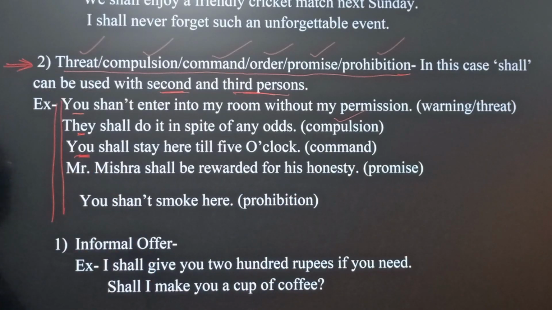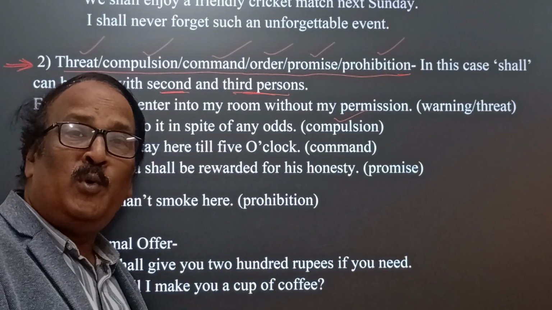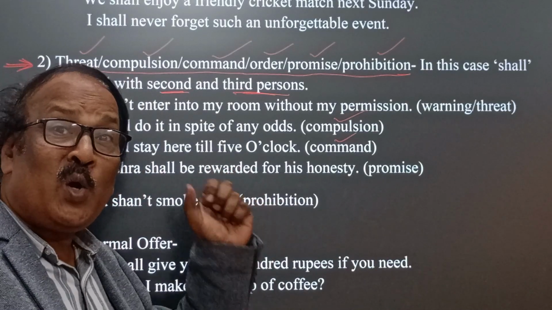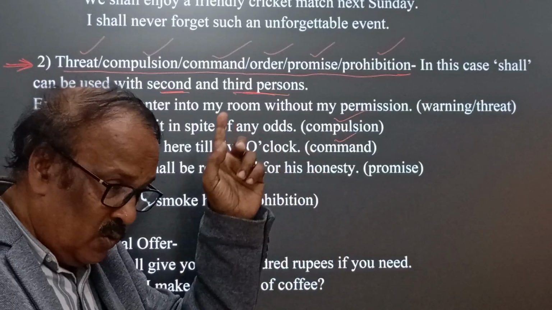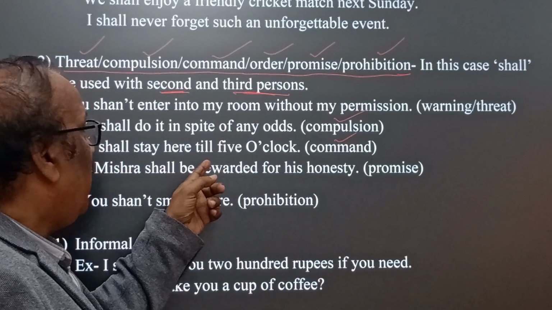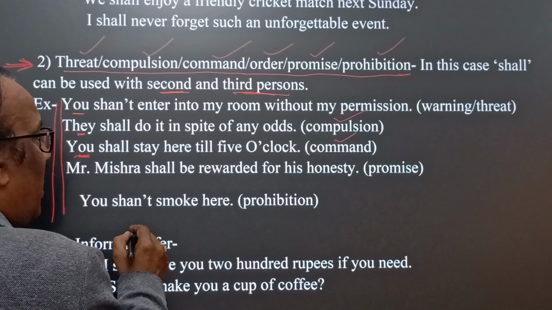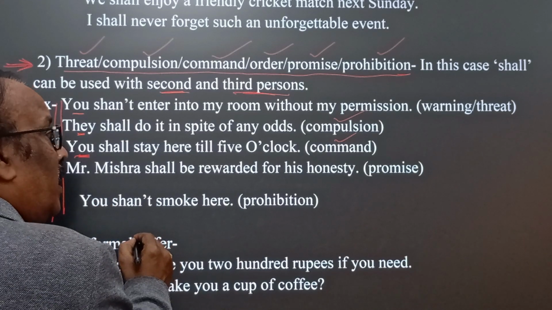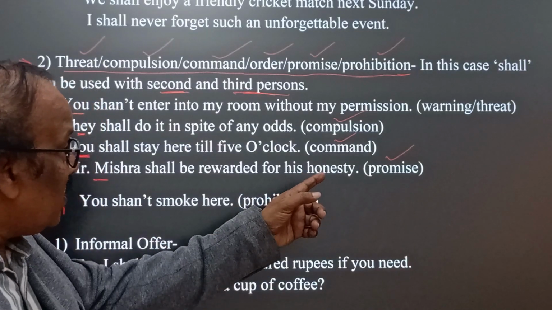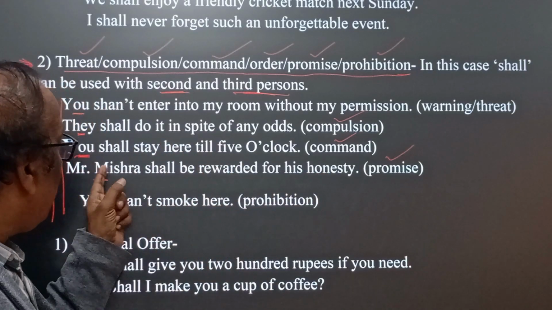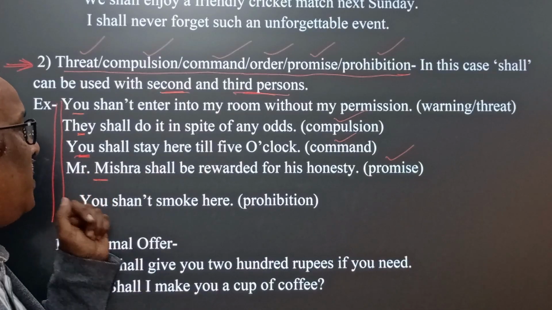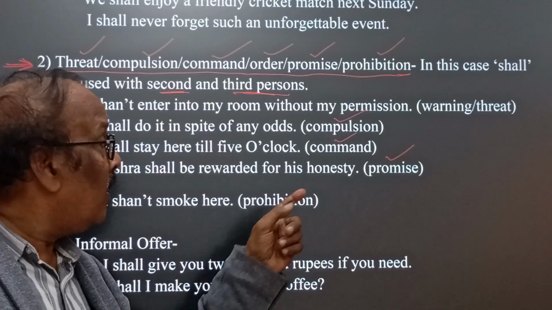Again, you shall stay here till 5 o'clock. Here the speaker commands somebody to stay there till 5 o'clock. Another, Mr. Mishra shall be rewarded for his honesty. Here the speaker promises to reward Mr. Mishra for his honesty.